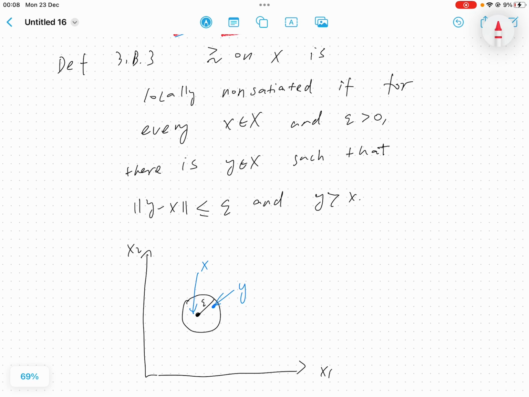related to monotonicity, and that is called local non-satiation, or locally non-satiated.